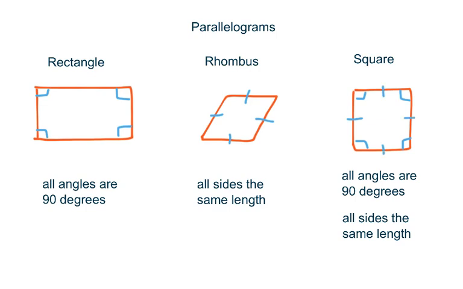What this means is that a square is a very special kind of parallelogram that happens to meet the conditions of being a rectangle, and a square also meets the conditions of being a rhombus. So a square is a special kind of rectangle, and it's also a special kind of rhombus. Make sure you're familiar with these quadrilaterals and how they relate to each other.